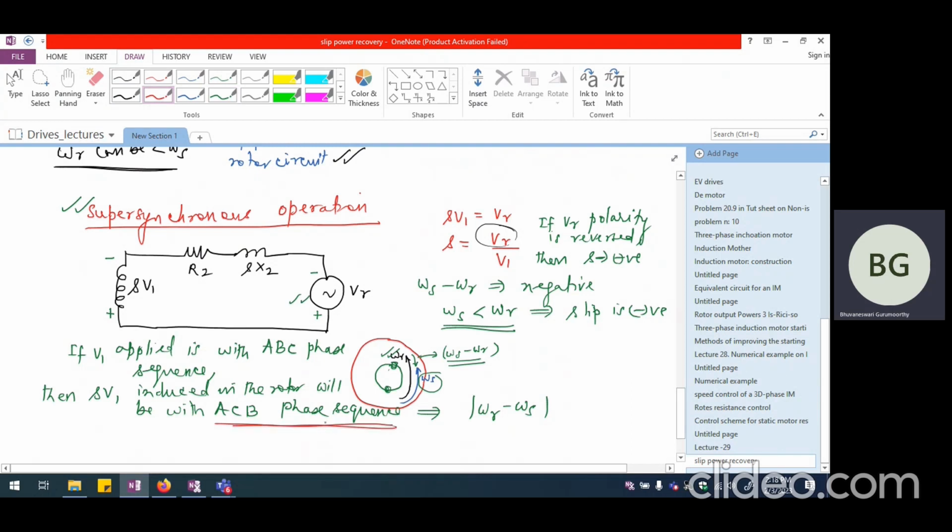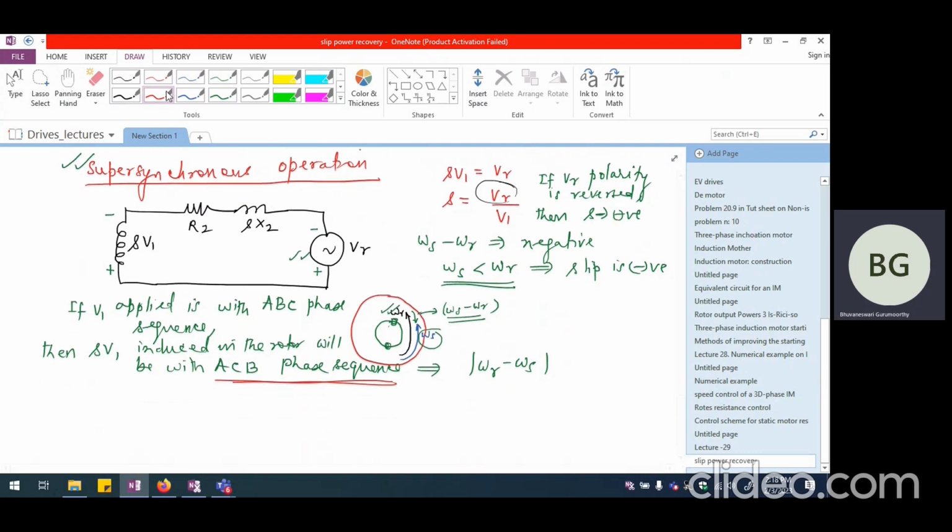So in super-synchronous operation, you will always see that the rotor-induced EMF polarity reverses and the phase sequence of the rotor-induced EMF also reverses. Now with this in mind, let us try to analyze the super-synchronous operation.